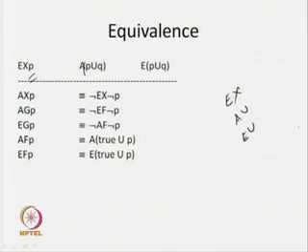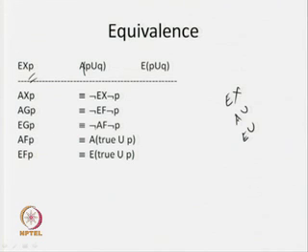Now, since I have a total of 8 combinations, I have these other 5 combination operators. AX P will be nothing but, as we have already seen, not of EX, not of P. AG P will be equivalent to not of E F not of P. So, AX is replaced by EX.